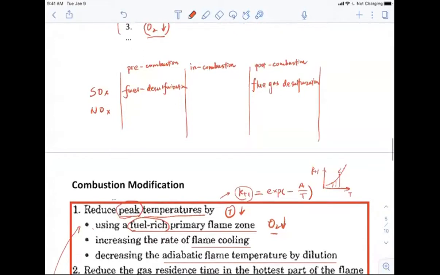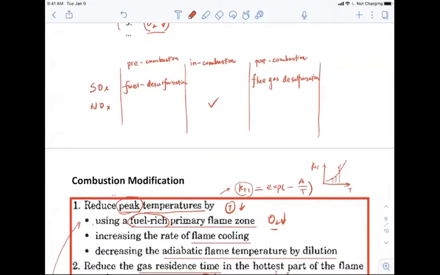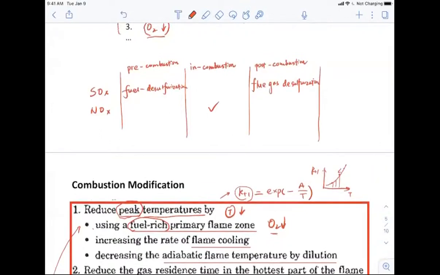For NOx control, we basically change the combustion conditions, either by controlling the temperature or by controlling the oxygen. We're achieving this in the combustion method. This is combustion modification.